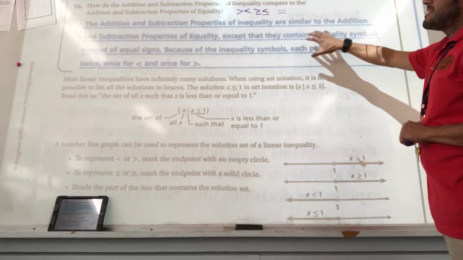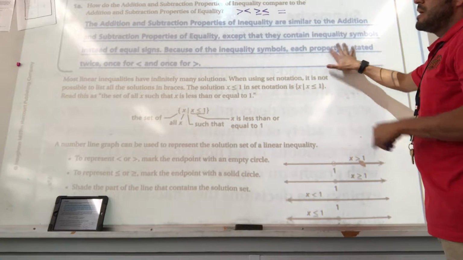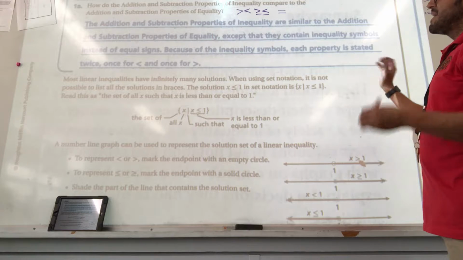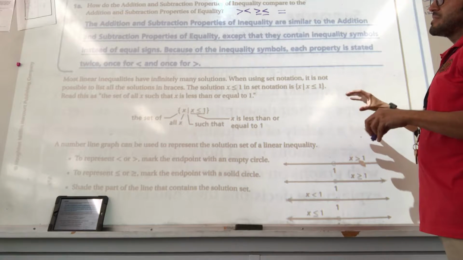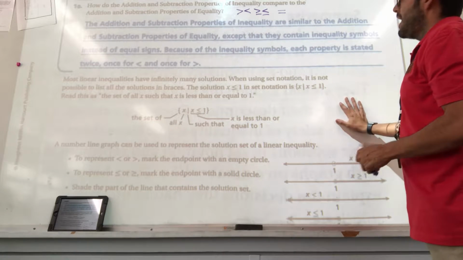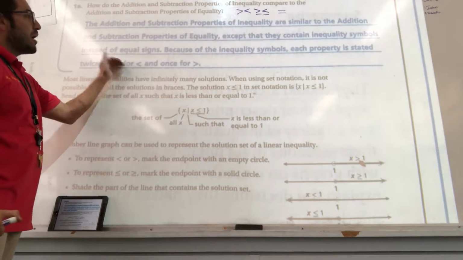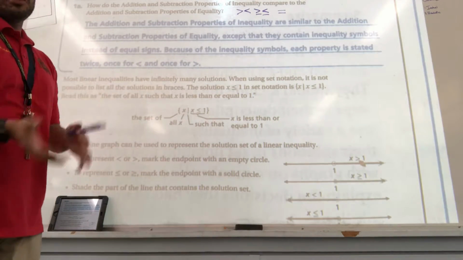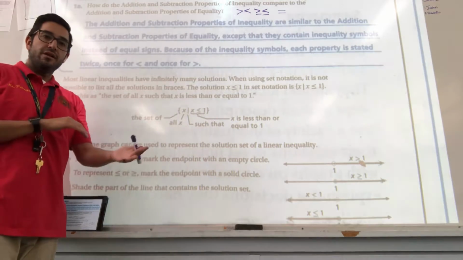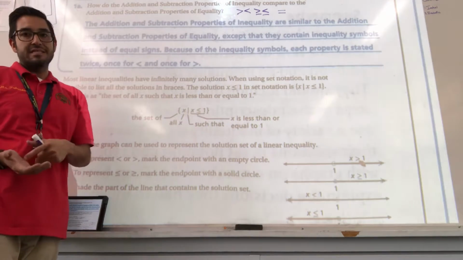The main difference is that they have inequality symbols instead of equal signs, and because they have inequality symbols versus equal signs, each property is stated twice, because you could have an instance where you have greater than, or you could have an instance where it's less than.